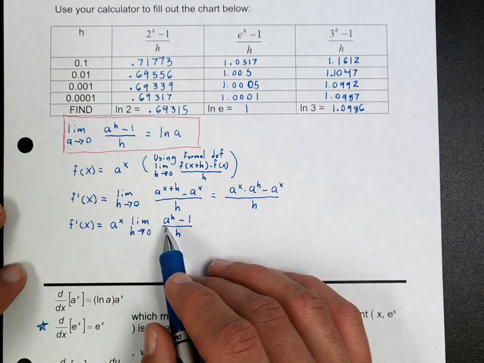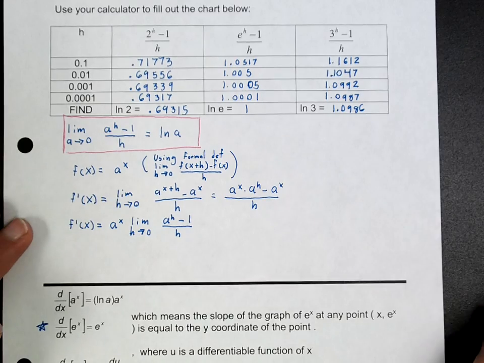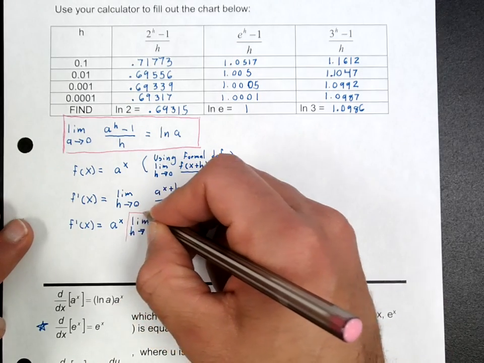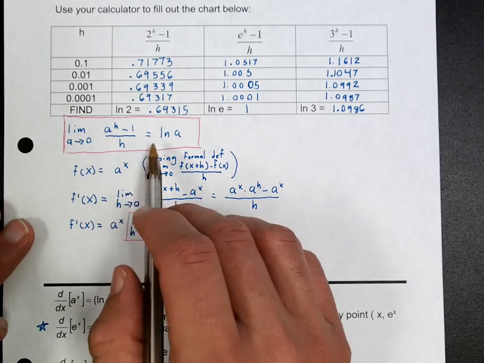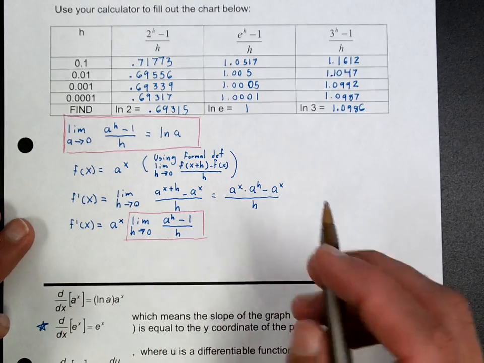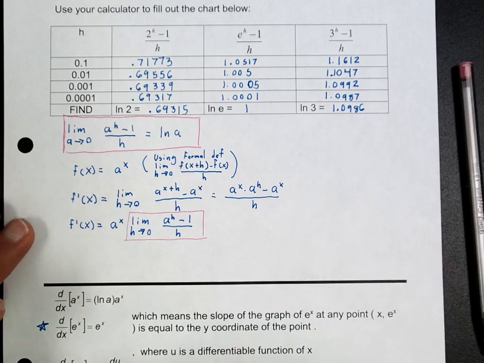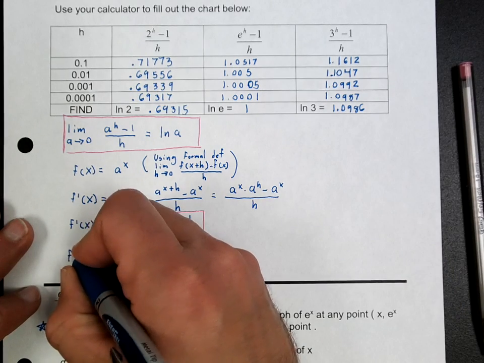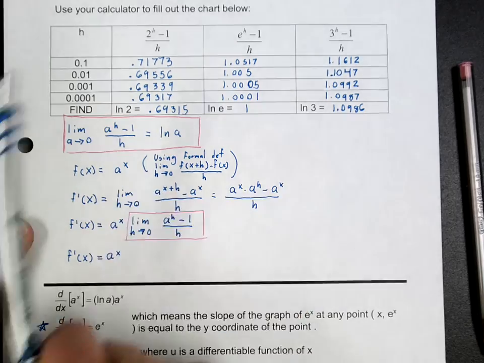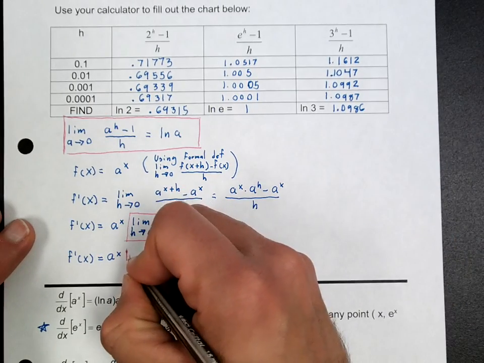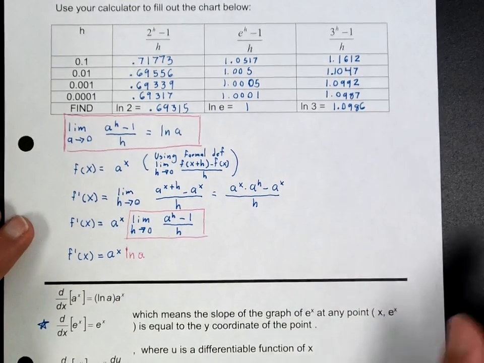Okay. So now what ends up happening is that this part right here is exactly this right here. So all of this becomes the natural log of a. Alright, so f prime of x will be equal to a to the x, and this right here became the natural log of a, right there.